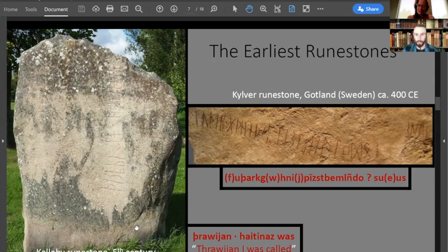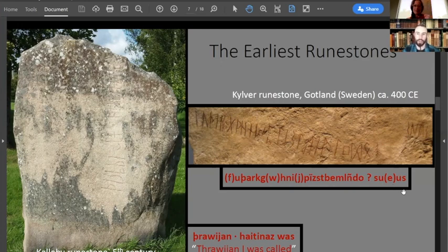And then we have the Shuva runestone from Gotland, which is now also part of Sweden, from about 400. And there isn't a translation for this one, because what this inscription is the runic alphabet, rune by rune, in order, and then it's followed by a strange symbol and a mysterious palindrome, Surius, which has not really been interpreted.